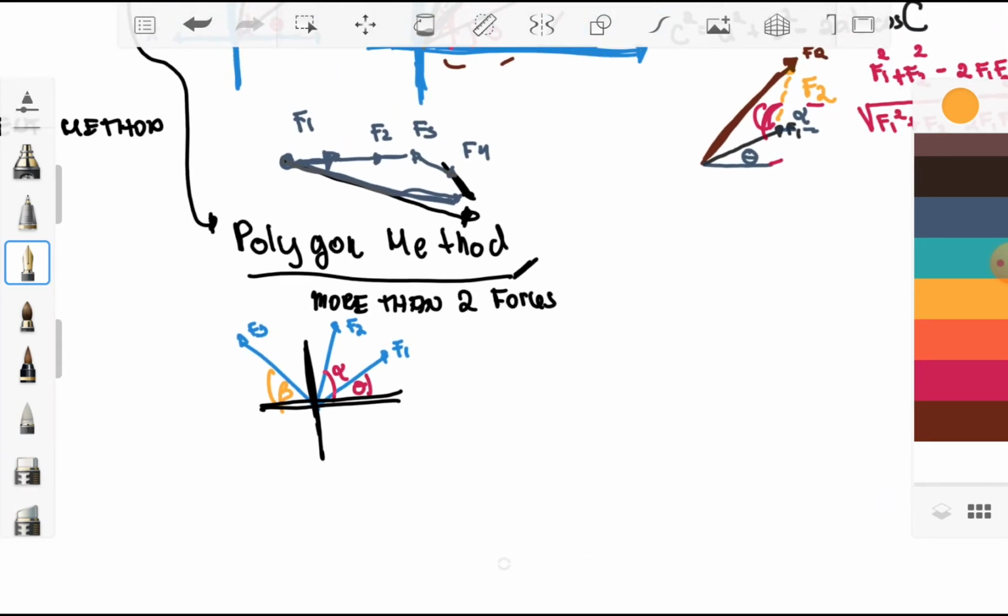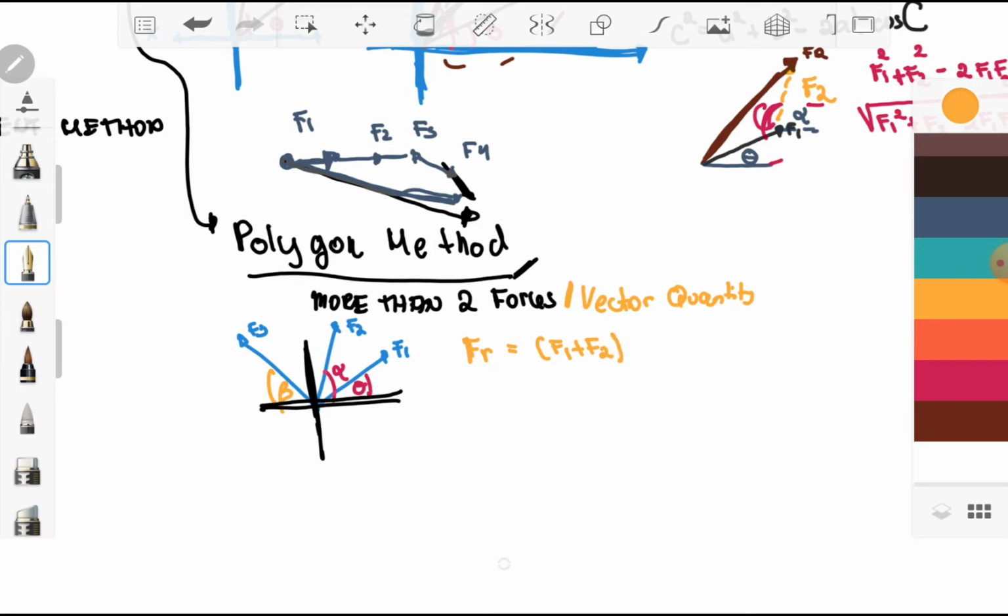So how will I solve the resultant force? Particularly, you can use your parallelogram law, but first consider any of the 2 forces or vector quantities, and then you will add the third vector quantity or force. So your FR is equal to F1 plus F2.